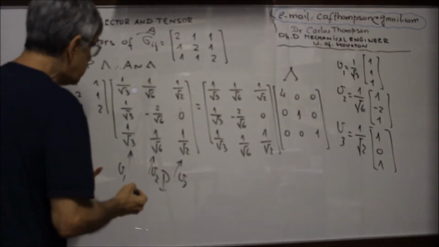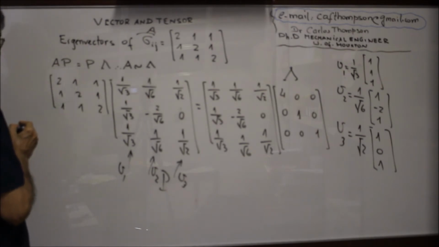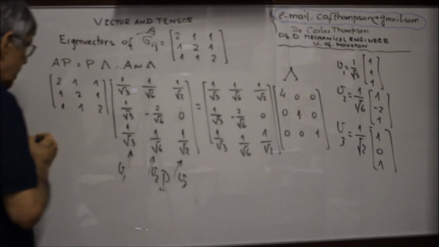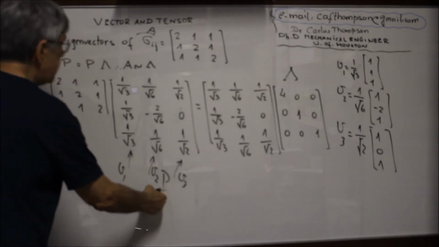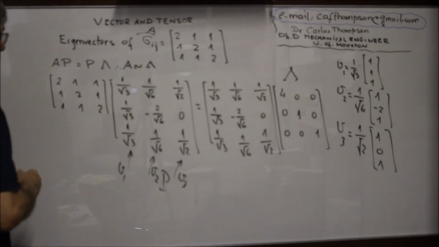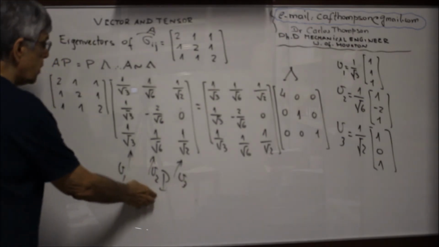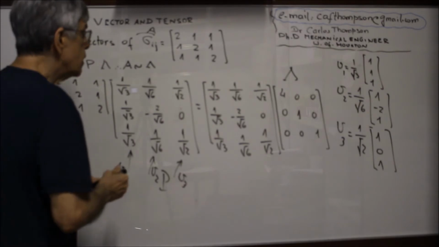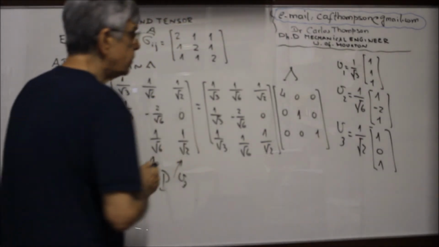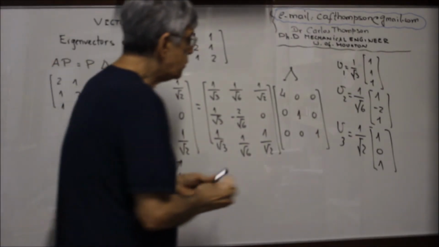All I want is P minus 1. If you read carefully, you see that we want not P, we want P minus 1. So P minus 1 is the transpose of this matrix over here. So let's write down right here.